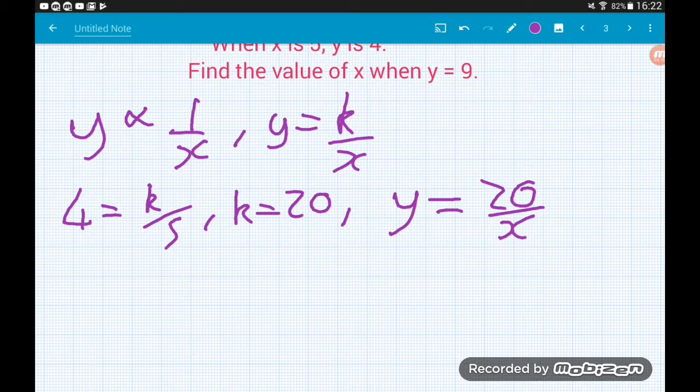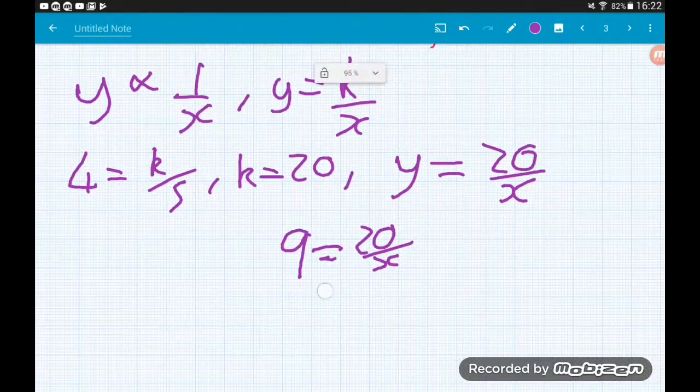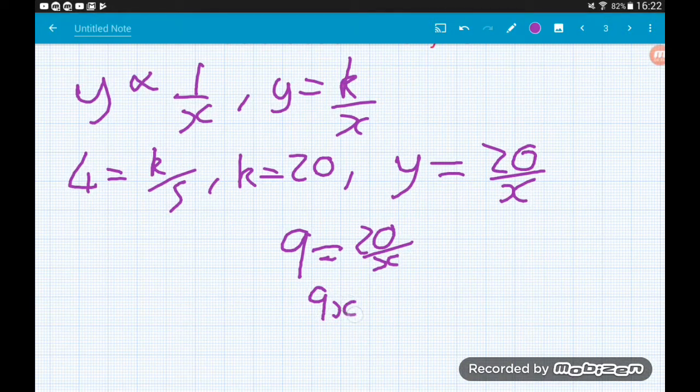So here, we want to find the value of x when y equals 9, so we substitute in y equals 9, and we get 9 equals 20 divided by x. Now if we multiply by x, that gives us 9x equals 20, and then if we divide by 9, we get x equals 20 divided by 9.